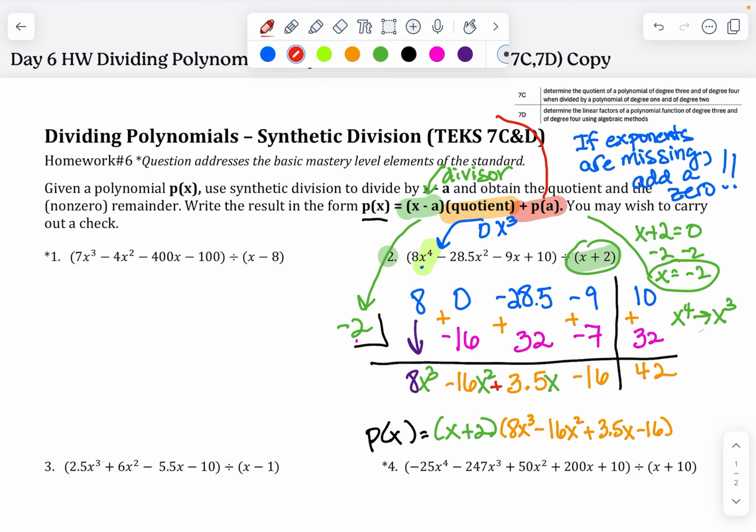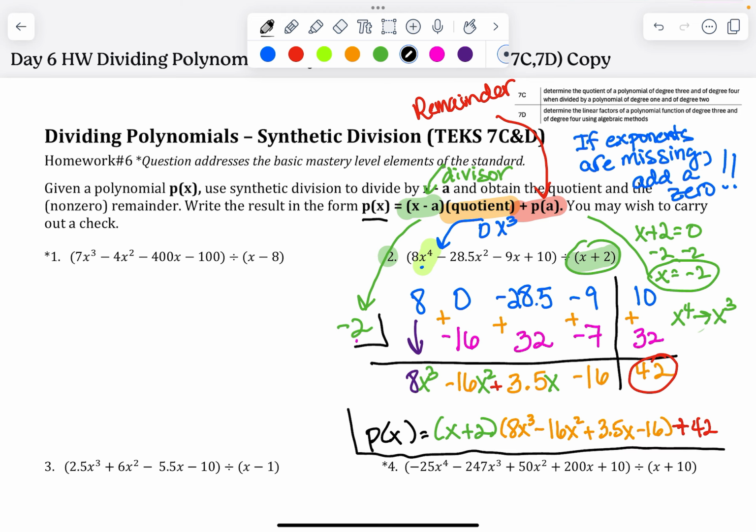That P of A right there is your remainder. So I'm going to do plus, and remember this is your remainder, 42. So that's the weird thing about this section, but the rest of this homework you can do.